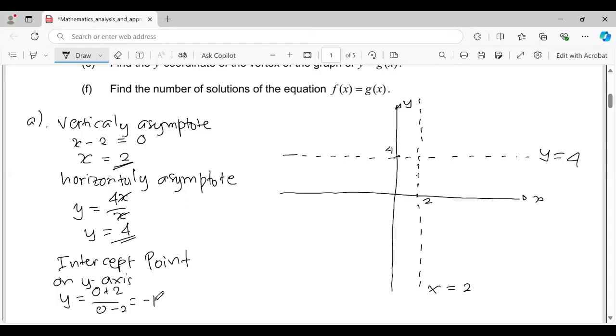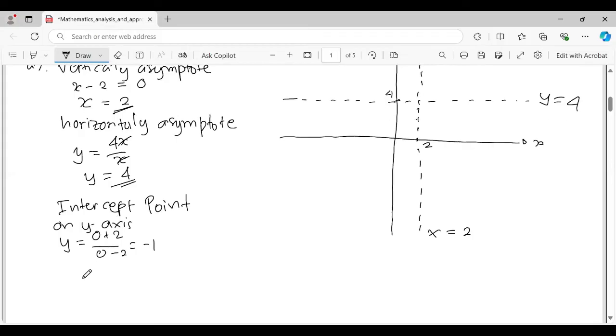It is minus 1. So the coordinate of the intercept point is 0, comma minus 1. Yeah, around here. Okay. And this is 0, comma minus 1.